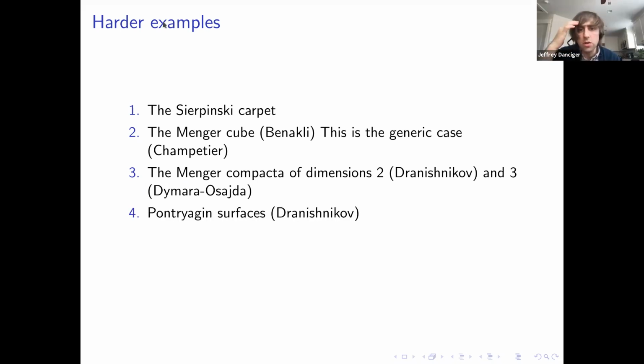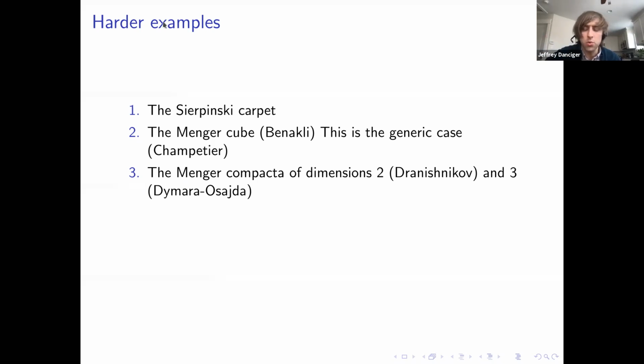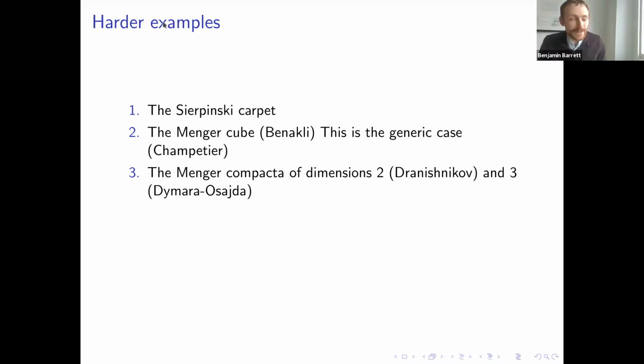Quick question. So when you say the Menger cube, is that really just one homeomorphism type, or are there different ones? Are you saying that generically a Gromov hyperbolic group has one homeomorphism type of boundary? I am, yeah. Yes, they almost all have, up to homeomorphism, the same boundary.